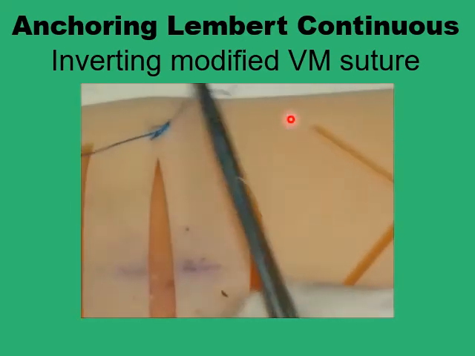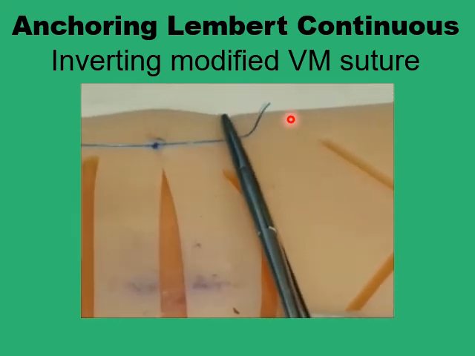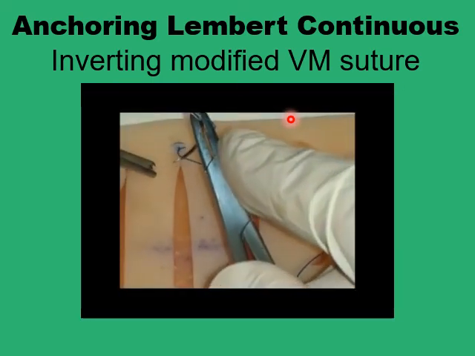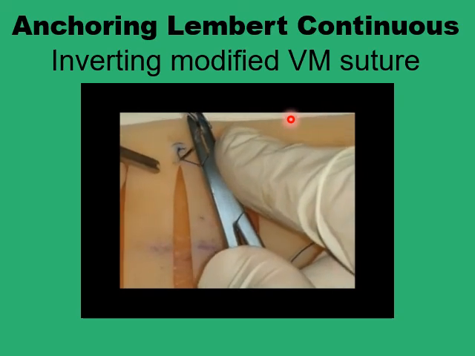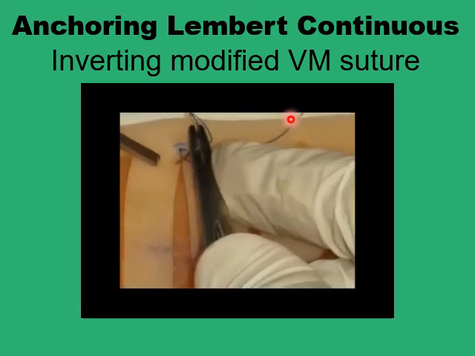Hopefully the smaller of the loops will be buried under the larger one, and then you continue doing the same thing after trimming one side of the suture.